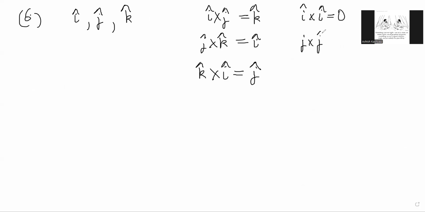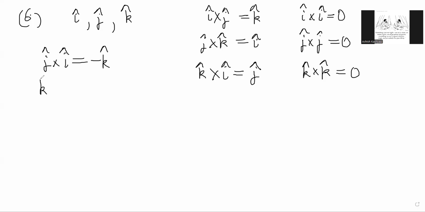I cross I, J cross J, K cross K would be 0 because they are parallel. And if you reverse the order anywhere, J cross I would be minus K, and K cross J would be minus I, and I cross K would be minus J.